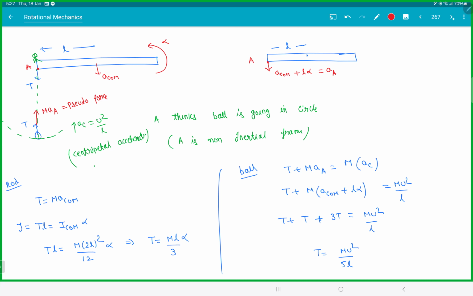Question is still not over. Find omega when the ball goes and sticks to the rod.